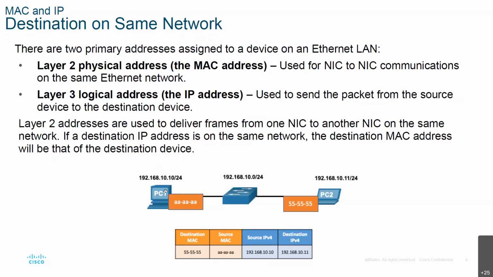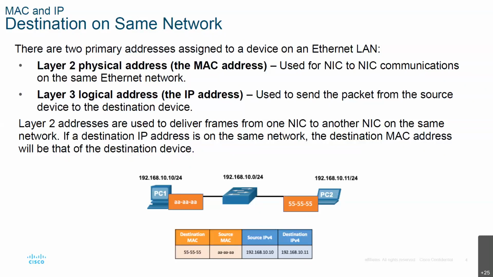So when you're sending from source to destination, you have the destination MAC address and the source MAC address. Similarly, you will have the source IP address and the destination IP address. Those are the fields inside the packets or frames that you're sending.